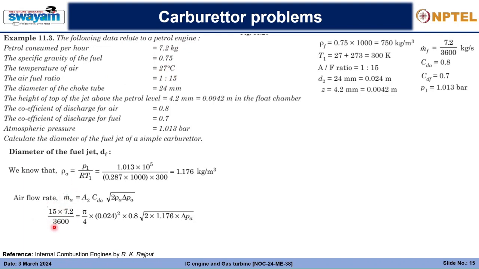Accordingly, this expression comes into play, and we solve it only for delta PA, the depression or suction at the venturi. We will find that delta PA is equal to 2922 Pascal or Newton per meter square.